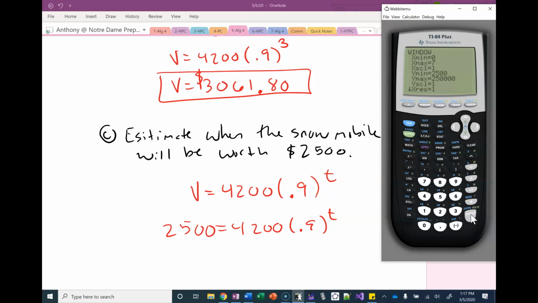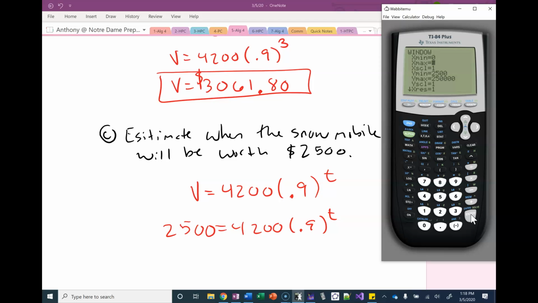What number did you say? 3. Okay. So what is the value of the snowmobile after 3 years? It went from 4,200 to 3,000 and change. We still haven't gotten to 2,500, right? So we know that whatever this number is, it needs to be bigger than 3.